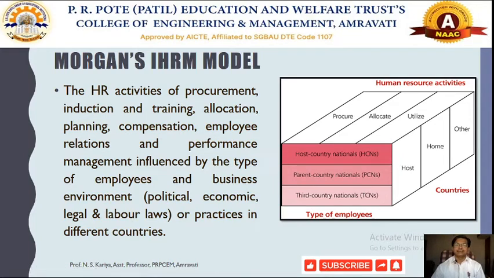While defining IHRM using Morgan's model, it is HR activities of procurement, induction, training, allocation, planning, compensation, employee relations, performance management, influenced by type of employees, business environment, political, economic, legal, and labor laws or practices in different countries. That will be called international HRM.